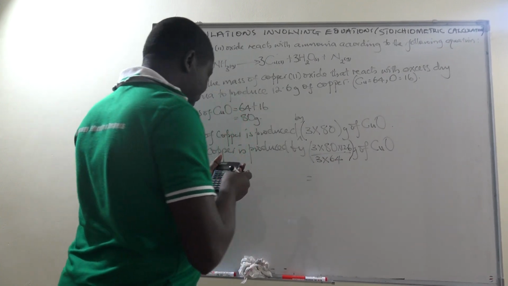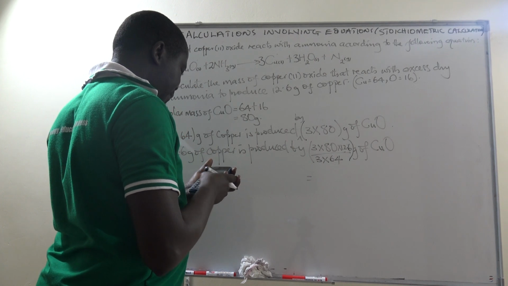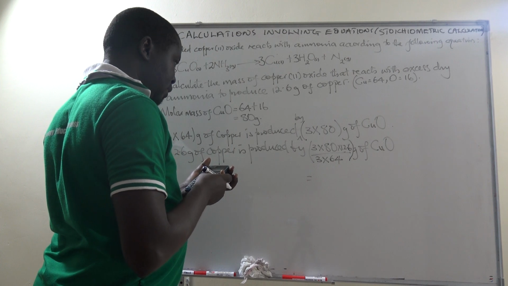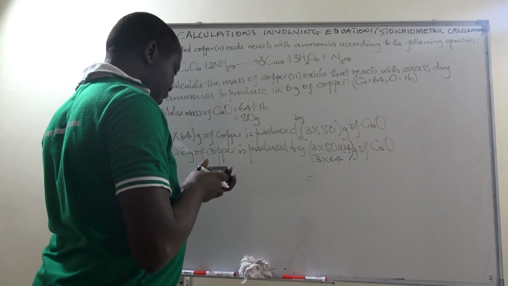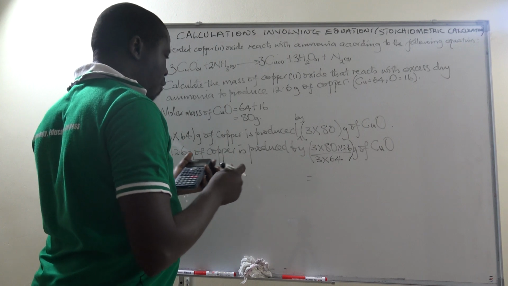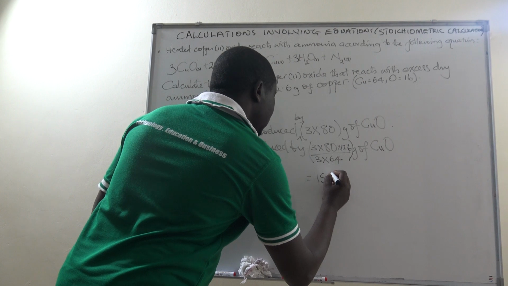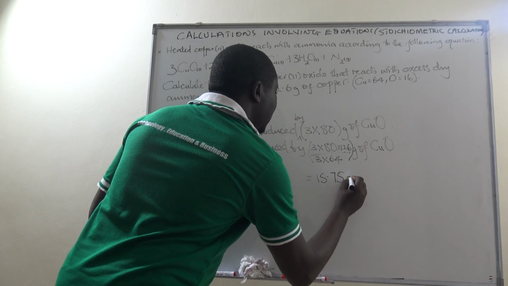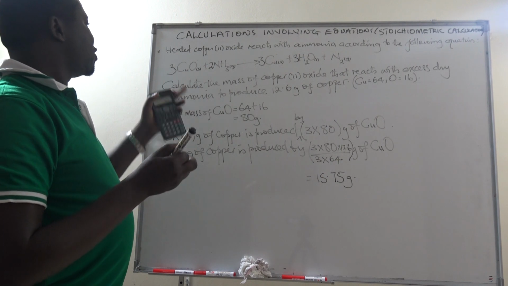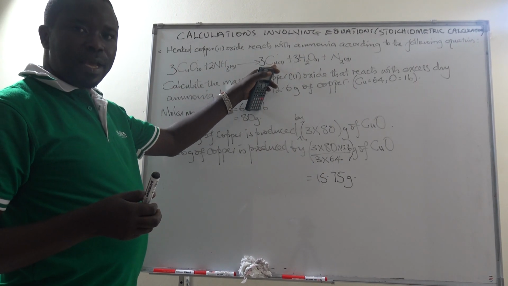So it will be 3 times 80 times 12.6 divided by 3, and we divide by 64. Our answer is 15.75 grams. So that is how to go about the calculation of the mass of a reactant when we have been given the mass of the product.